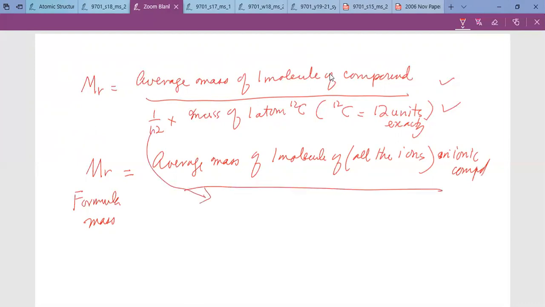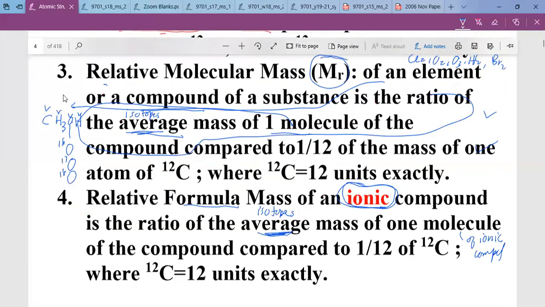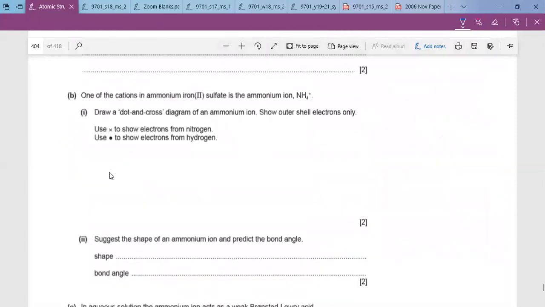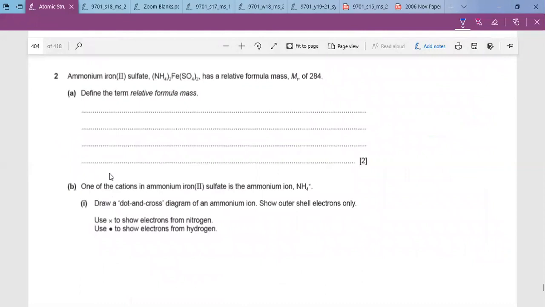Now if you don't believe me, you can look at the question and see how the answer is. I've got it ready for you already. Let's say the question is in formula mass, 404. Same topic: ammonium iron(II) sulfate.